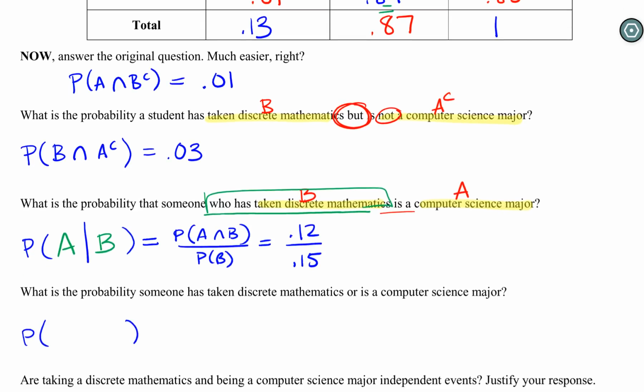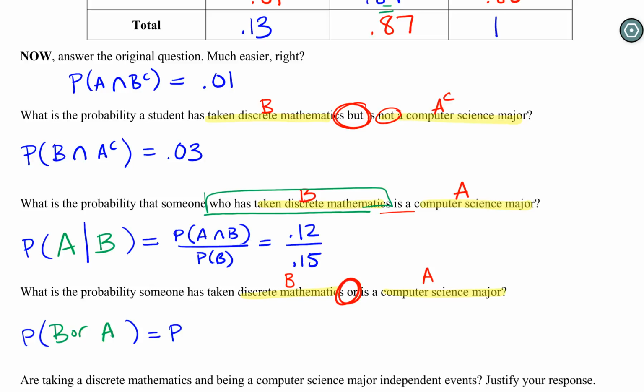All right, second to last question. The probability somebody's taken discrete math, so again, our B, or is a computer science major, our A. So we're looking for B or A. Another one where we need to use the formulas, because again, our table only gives us ands.